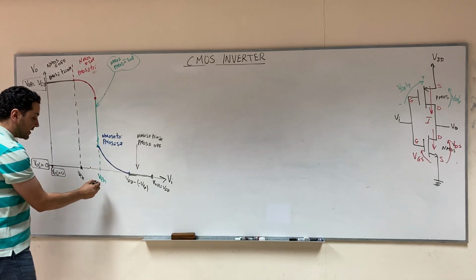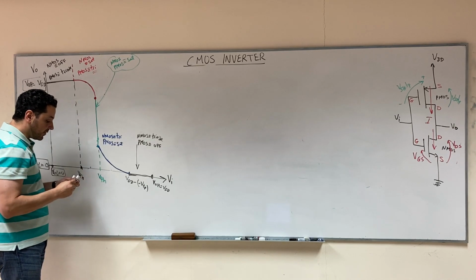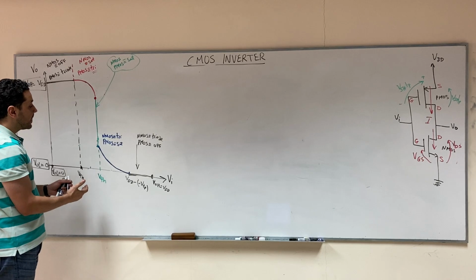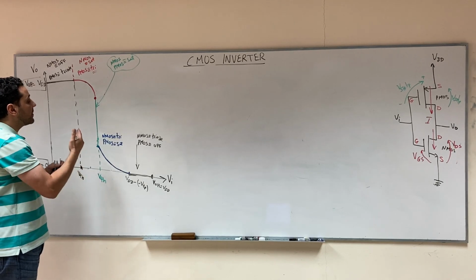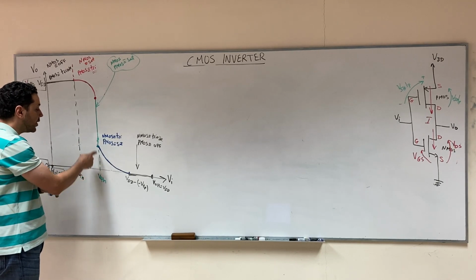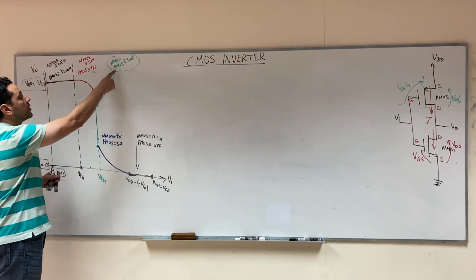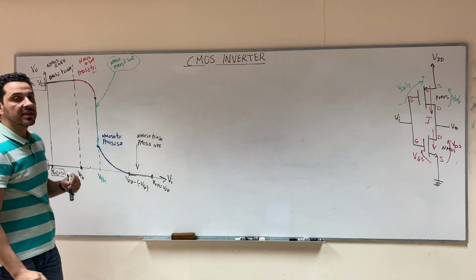And then it's interesting to find the point VTH. In order to find it, we need to ask ourselves what happens at this point. So at the point VTH, when V input equals VTH, you will find that both transistors are in saturation.